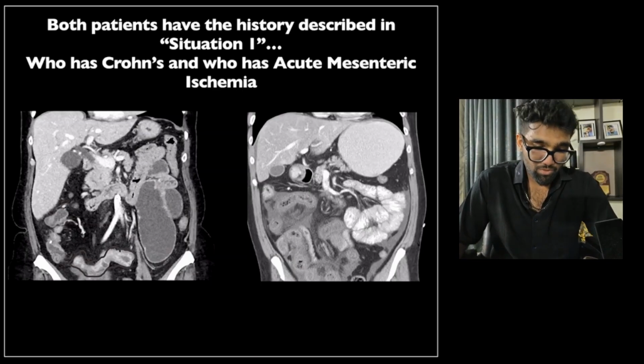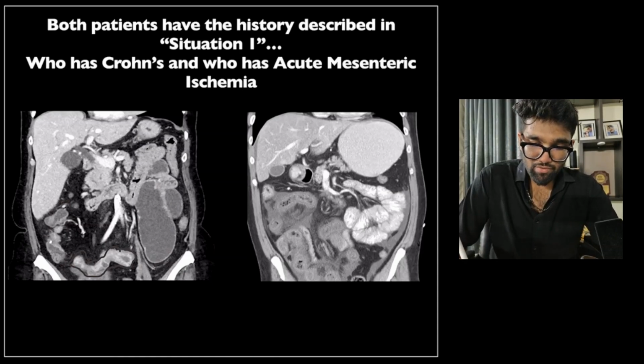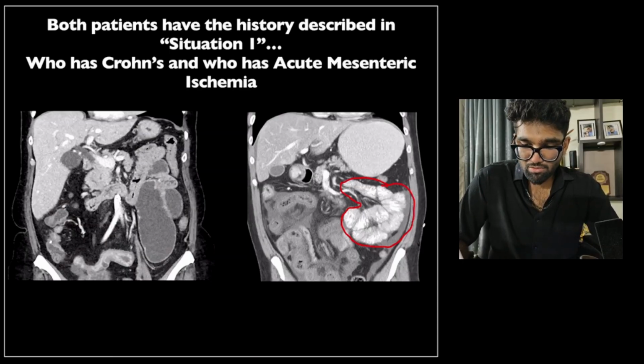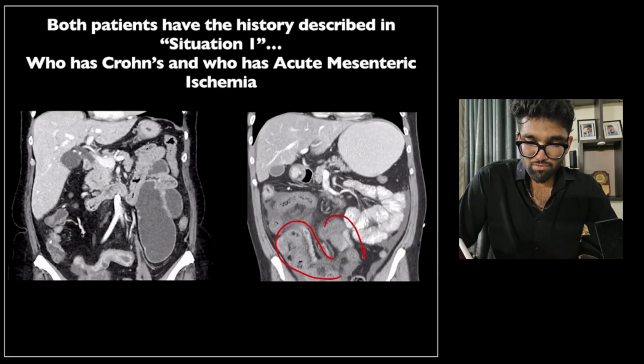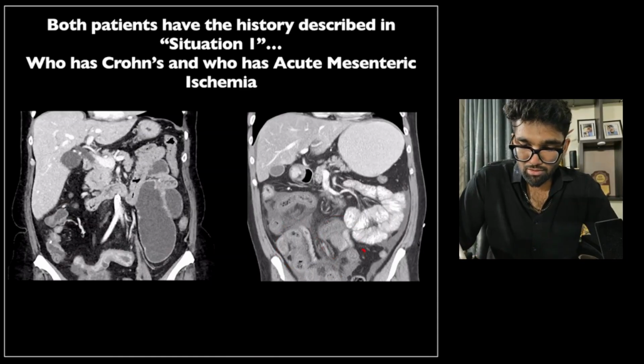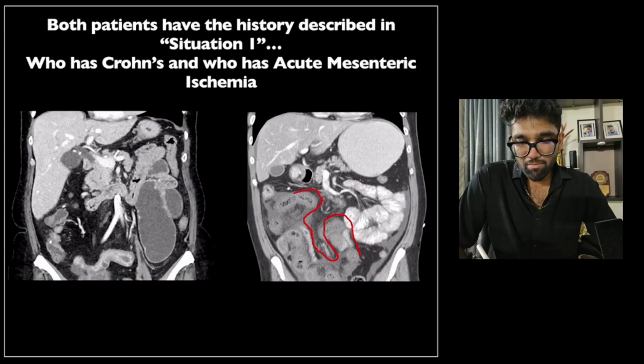than ischemia. Okay. Now, on this side, this is the same patient that we discussed earlier. They have a jejunum that appears to be enhancing normally. There is involvement of the ileum, yes, but there is also involvement of distal jejunal loops, and there is very prominent, very long segment involvement of ileum and jejunum.